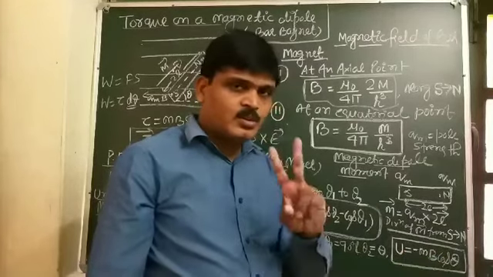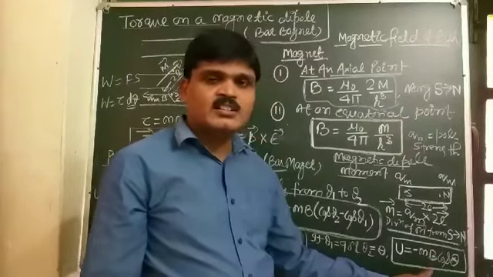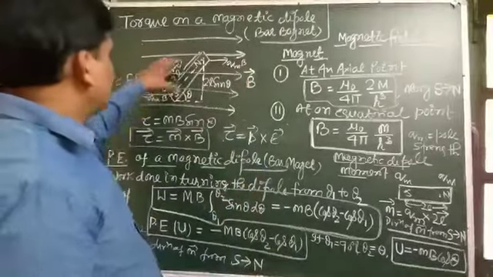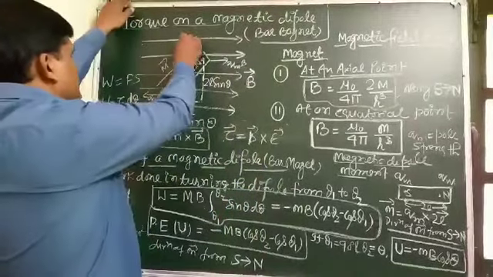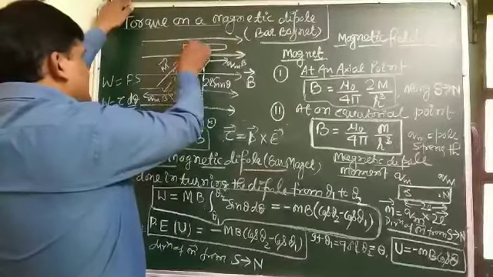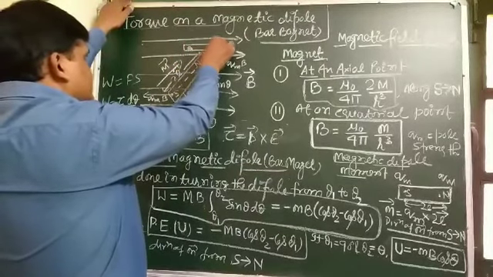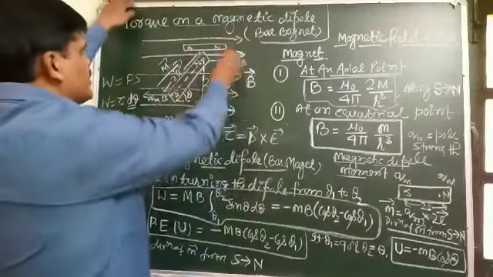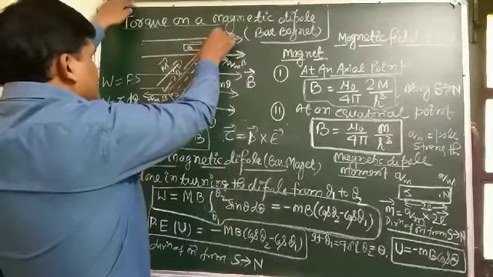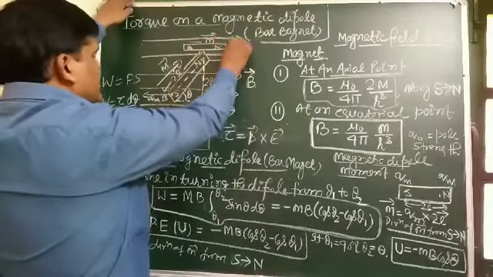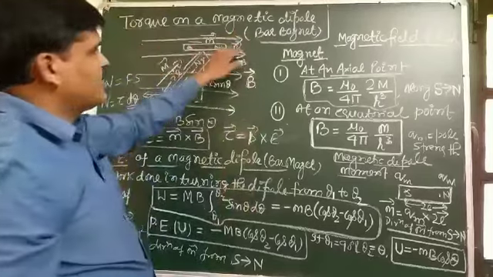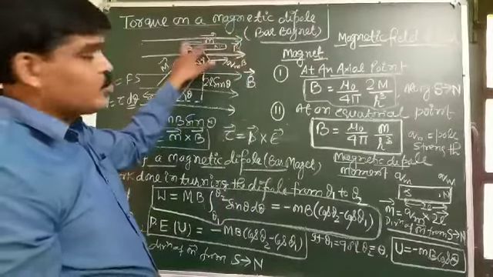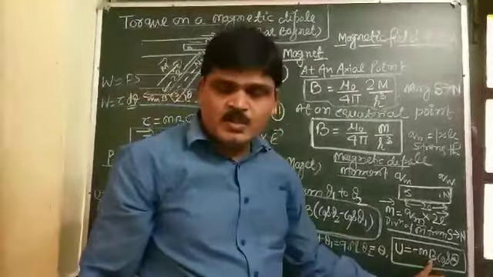And student, here there are two conditions, stable condition and unstable condition. Suppose this bar magnet is kept in the magnetic field in this position, so the direction of magnetic moment, that is what? From S to N, and the magnetic field is also in the same direction. So there will be two conditions, stable equilibrium.